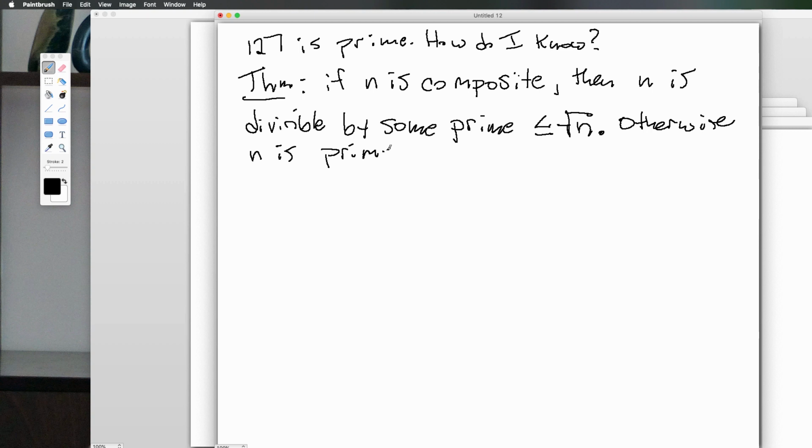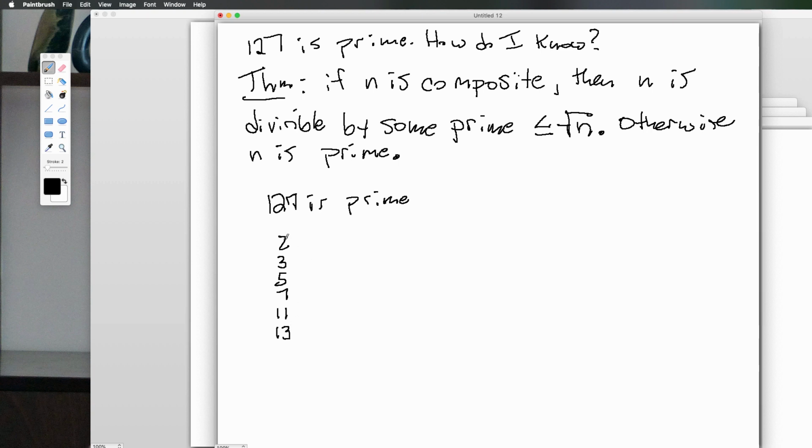So let's see what I just did here. I claimed that 127 is prime. Let's see if I'm correct about that. First of all, let's look at small primes. We know that 2 is a prime. We know that 3 is a prime. We know that 5 is a prime. 7 is a prime. 9 isn't. 11 is a prime. 13 is a prime.